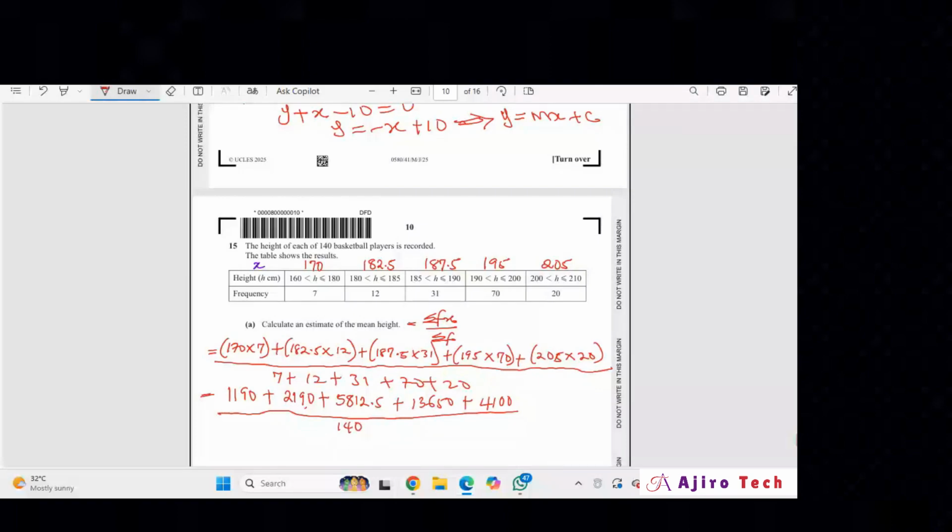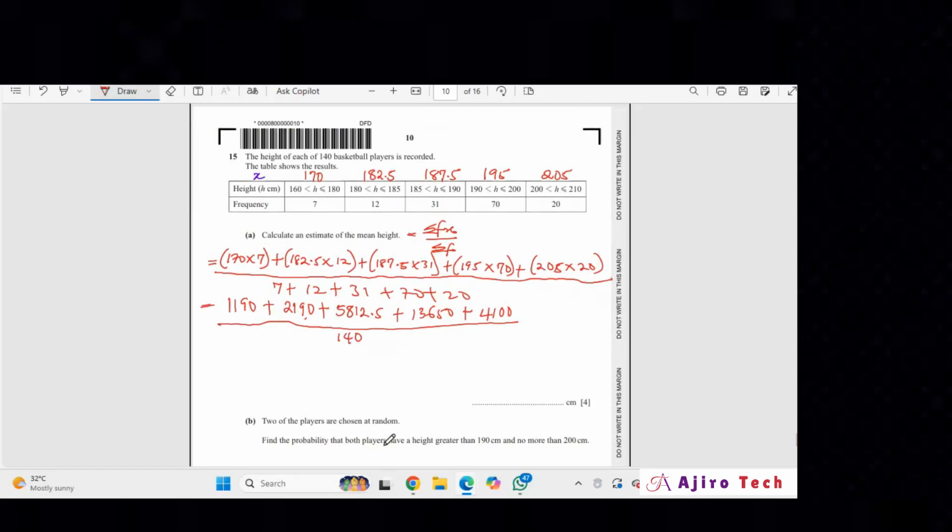Now add the numerator. So you are going to do 1190 plus 2190 plus 5812.5 plus 13650 plus 4100. So the numerator will give us this answer, which is going to be 26942.5.